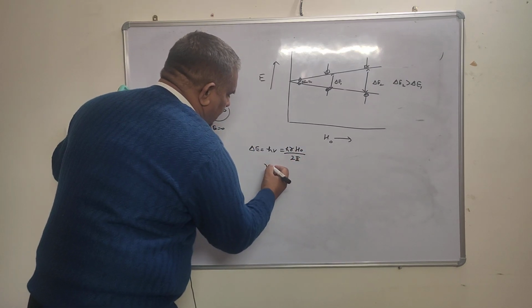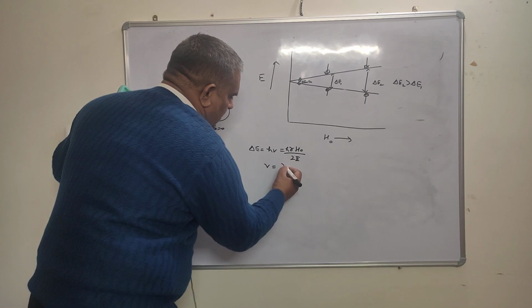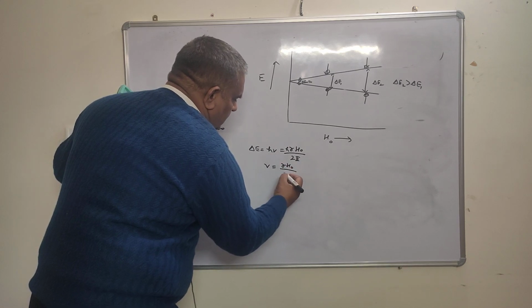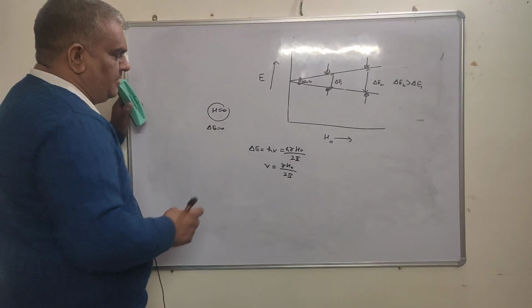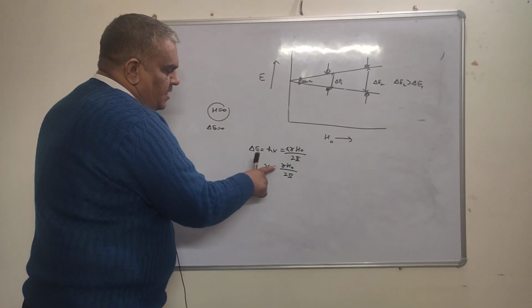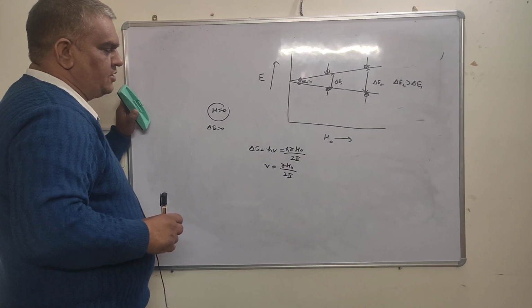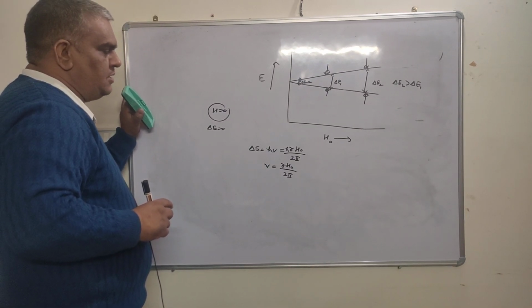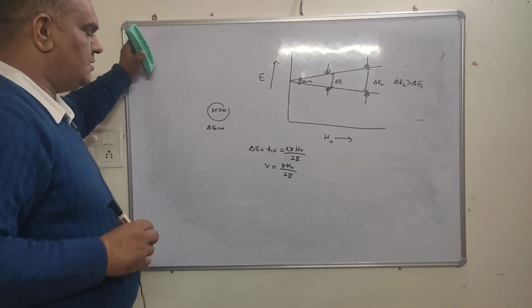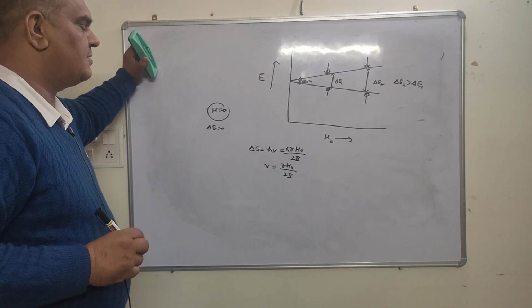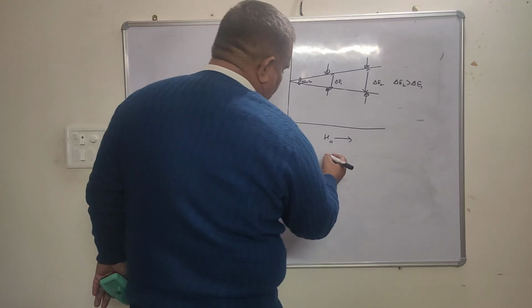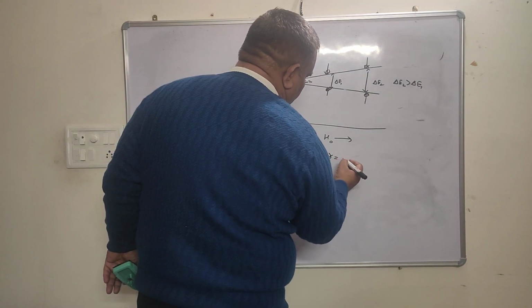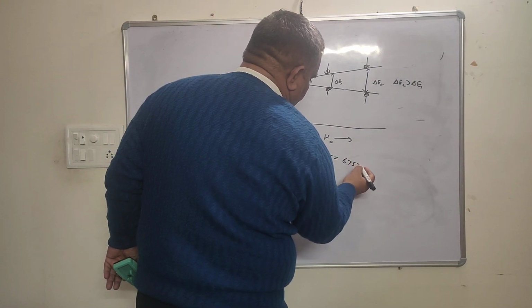So we get nu equal to gamma H naught upon 2 pi. H naught is the strength of the applied magnetic field, nu is the frequency, and gamma is the gyromagnetic ratio, the ratio of magnetic moment to angular momentum. For a proton, the value of the gyromagnetic ratio is 26753.